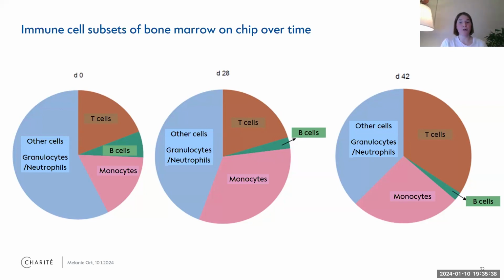But what was really cool was that B cells were actually surviving without us doing anything, right? If you're a B cell biologist, you know that you have to give them a lot of attention in order to survive in a 2D culture. But we were very surprised to see that our little B cells are pretty happy over a pretty stable time. But of course, we lose them at some point. But this was a cool assessment.